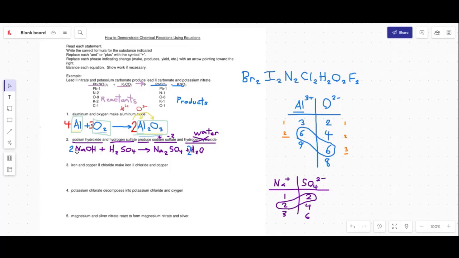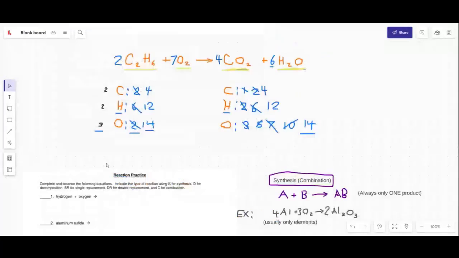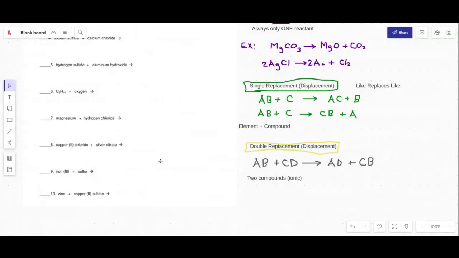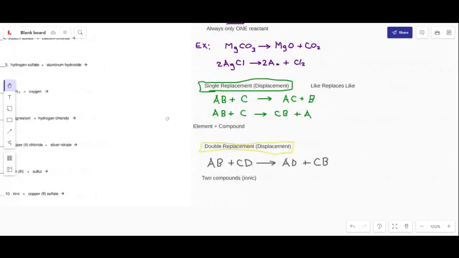That was a double replacement reaction because the sodium switched places with the hydrogen. Now, when I say like replaces like, and I said metal replaces metal, nonmetal replaces nonmetal, it'd be more appropriate to say positive charge switches places with positive charge, and negative charge switches places with negative charge.